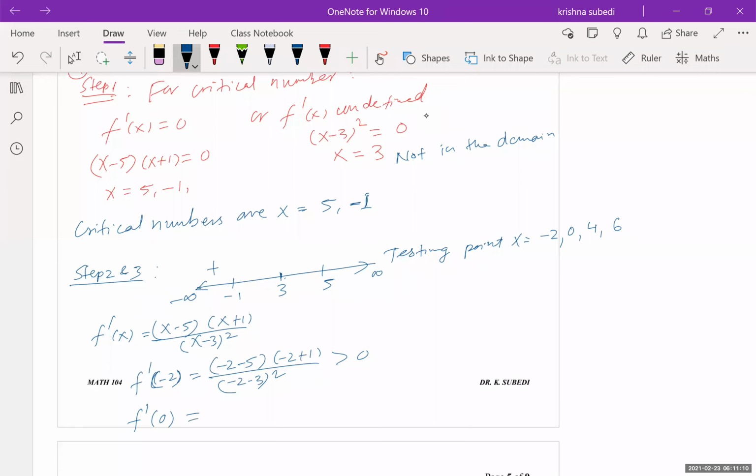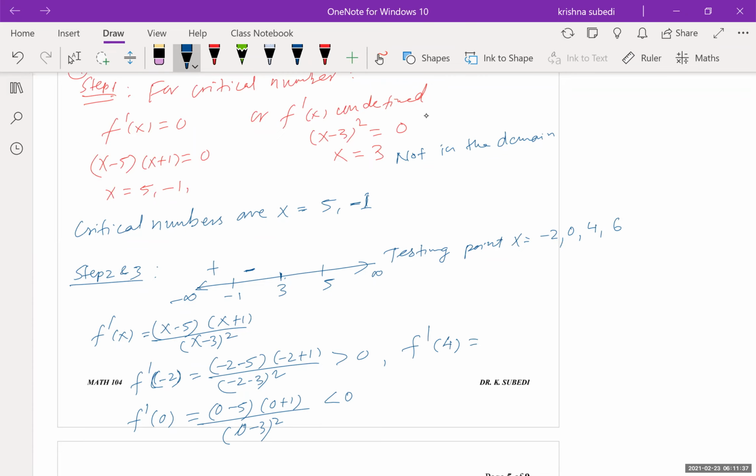When I put 0 there, I'm going to get a negative. You can do this in your head. Okay, you don't have to write all of these things. So this is clearly negative. Now let's try f prime of 4.